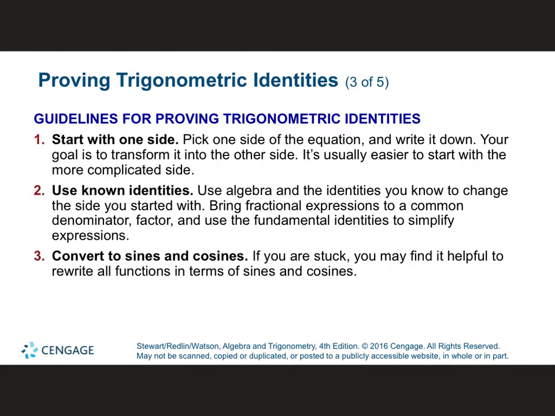You can use algebra and the identities to change the side that you started with. Bring fractional expressions to a common denominator, factor, use fundamental identities to simplify them. Convert to sine and cosine. If you are stuck, you can find a helpful way to rewrite these by turning them into sine and cosine. It'll make your life a lot easier.